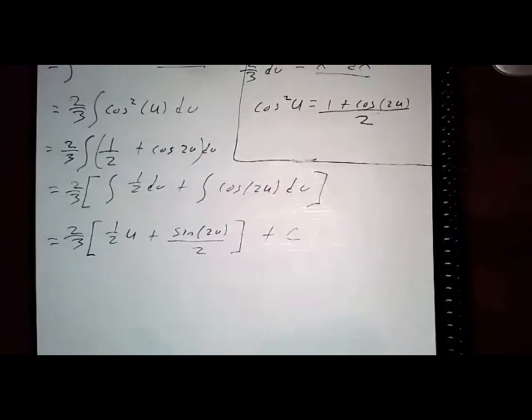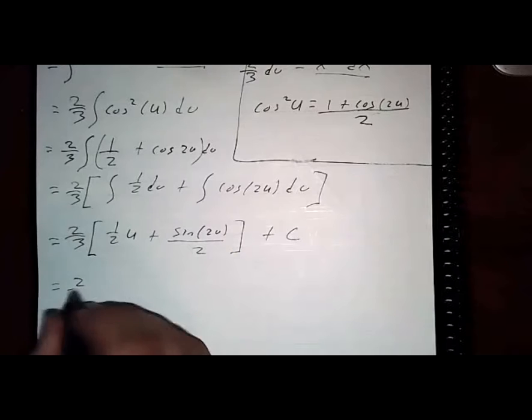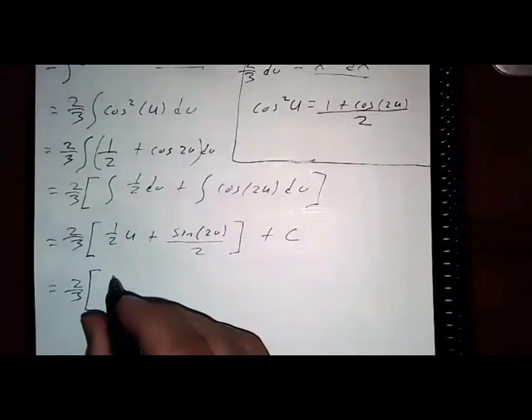Sorry, not on the camera there. Then replace the u and we're done. So here, this one was a little pre-cal heavy, but it's doable, right?